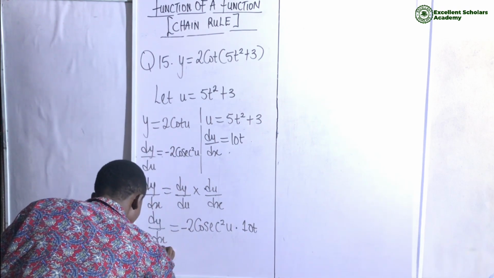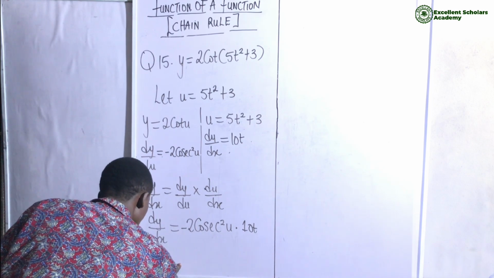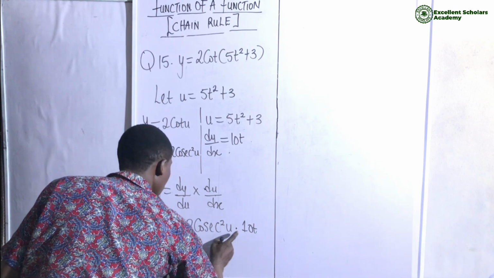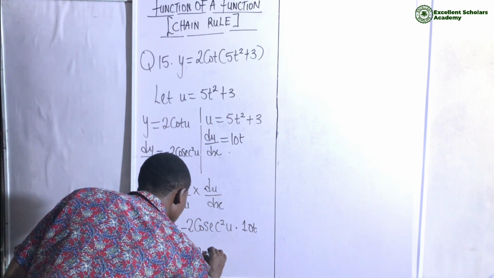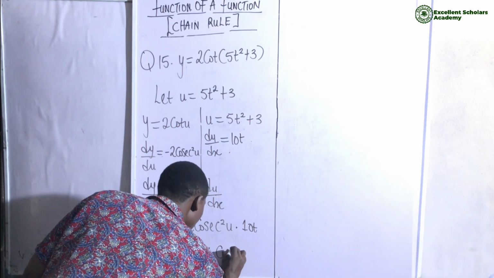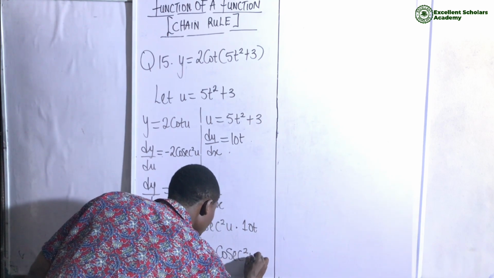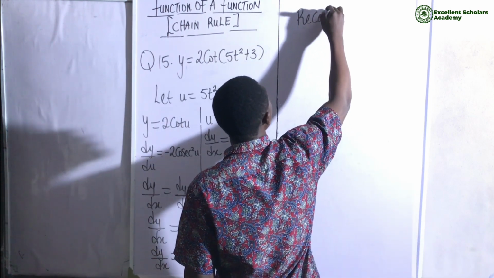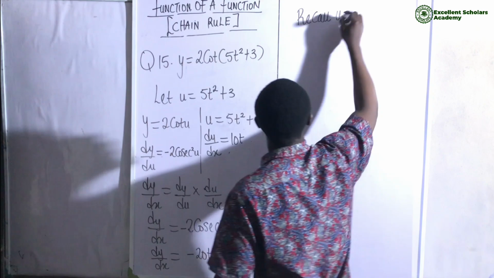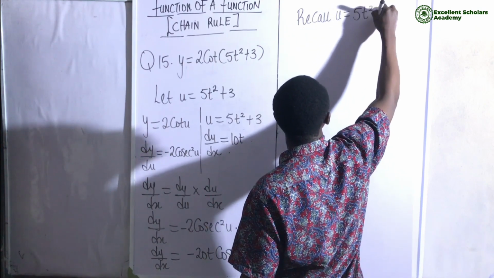Now, dy/dx will be equal to, this time, minus 20t cosec squared u. So recall that u equals 5t squared plus 3.